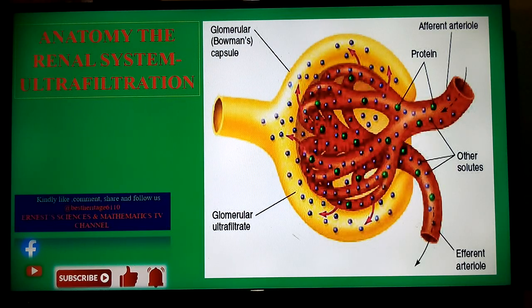So if we try to look at this specific makeup, we're going to see that there's a selective filtration of those particular materials, and some of the processes that we had mentioned earlier, like osmosis, are going to play a role in this specific part, which is going to lead to the overall separation of the urea from other important minerals, which are going to be taken back into the body.